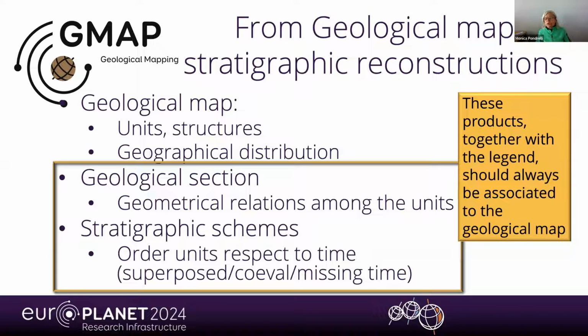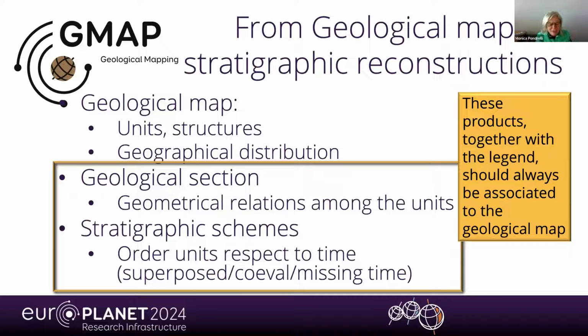These two products, of course, together with the legend, yesterday we were focusing a little bit on the description of the units at all scales. That will be part of the legend. It's very important. But the geological section and the scheme should always be associated with the geological map.